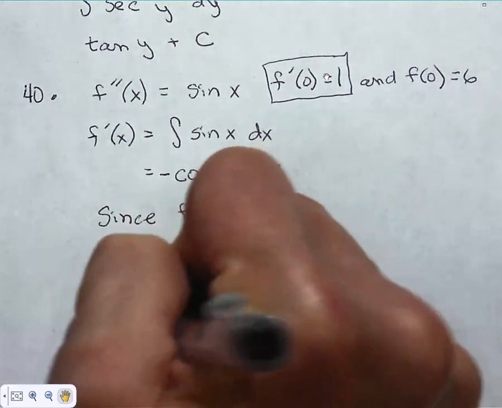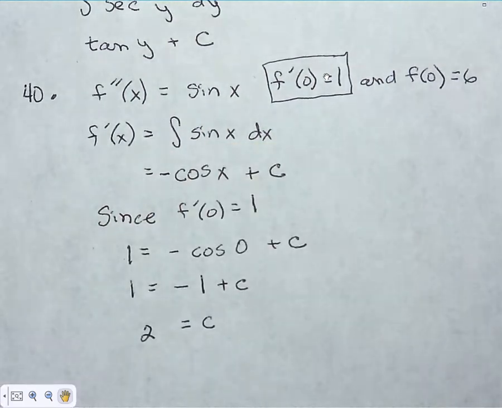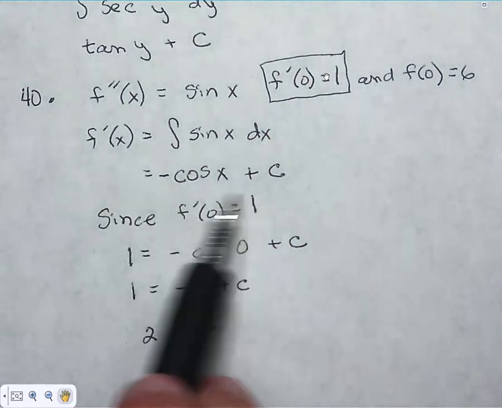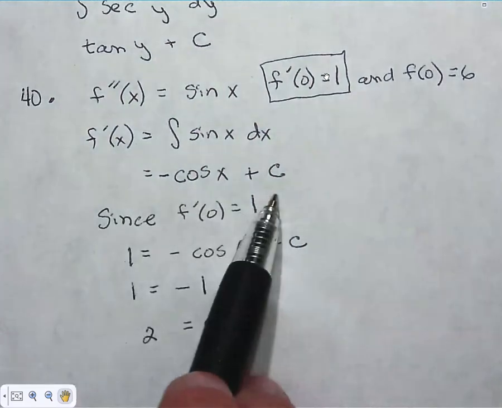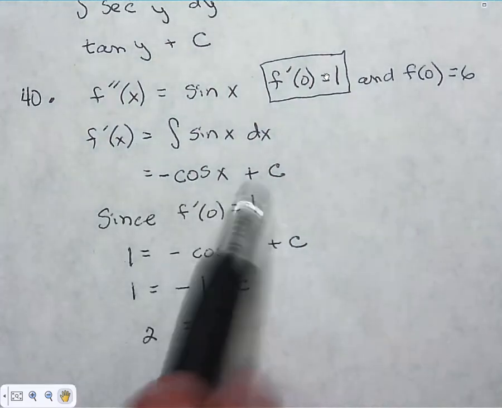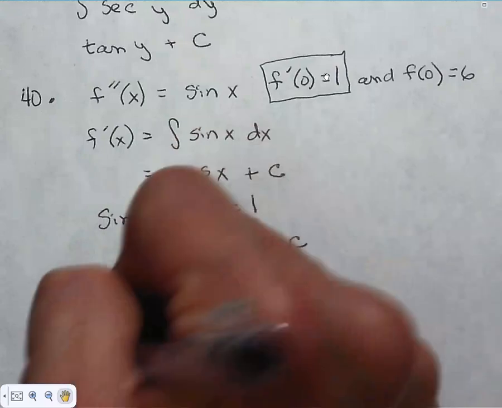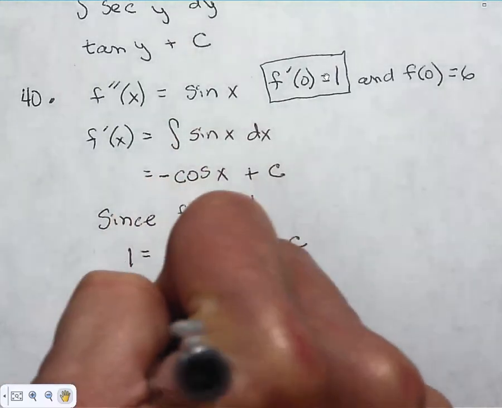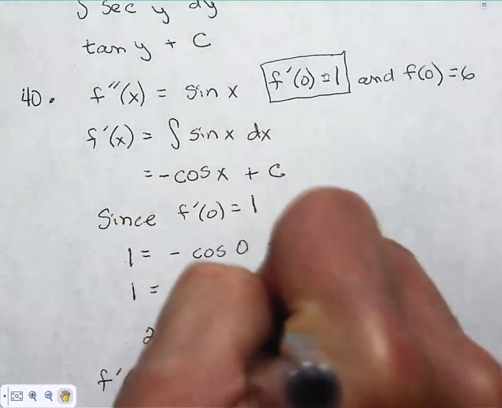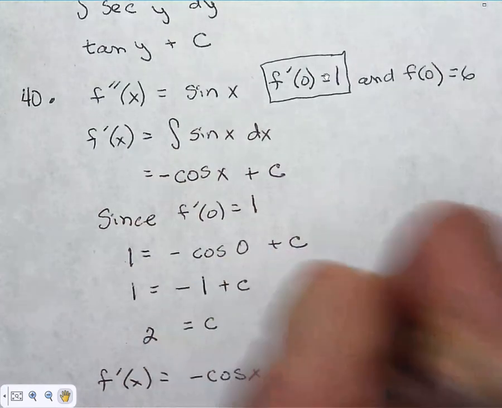Yeah, the constant's 2. Now for our first derivative, rather than having this general antiderivative with any constant, we know what that constant is, and we can say now we know the first derivative is negative cosine x plus 2.